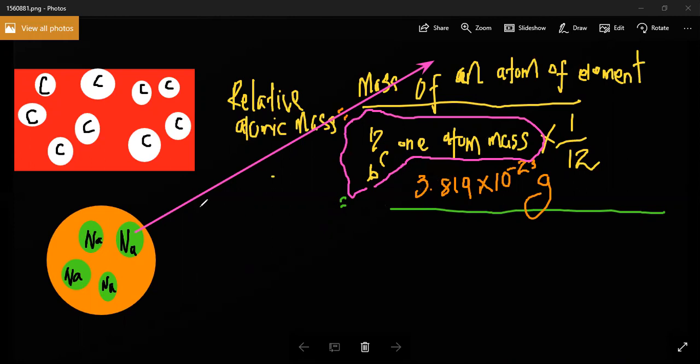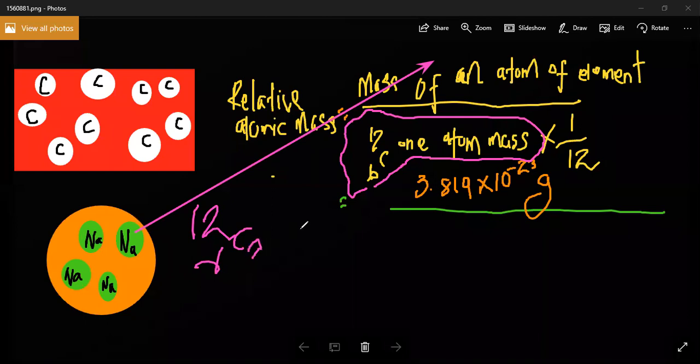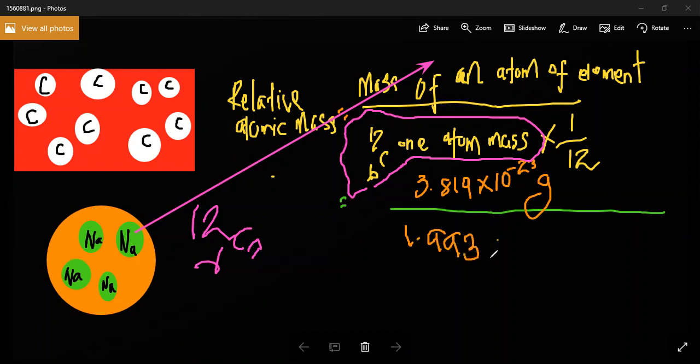Can you tell me the mass of one atom of carbon-12? That is given. What is that? 1.9993 into 10 to the power minus 23 gram.